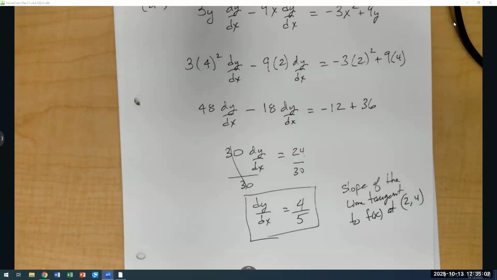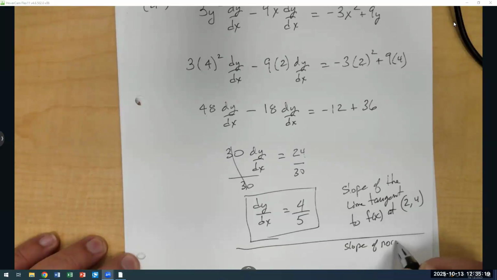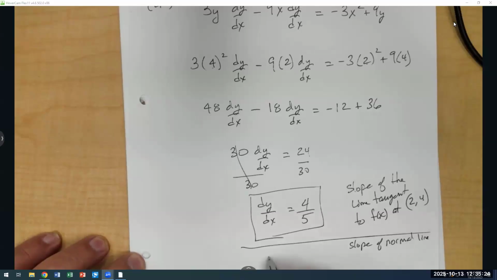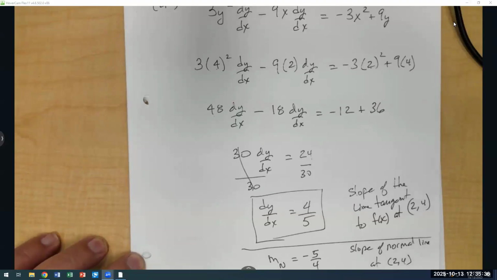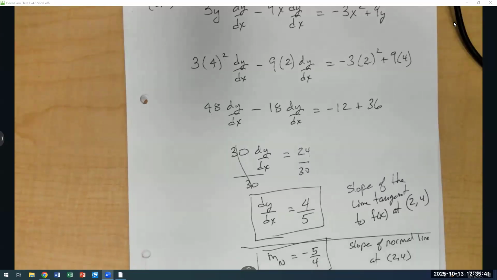So what do we have to find now? What's the slope of the line normal to it? Very good. So the slope of the line normal to it is -5/4 at the point 2, 4. Are we done?